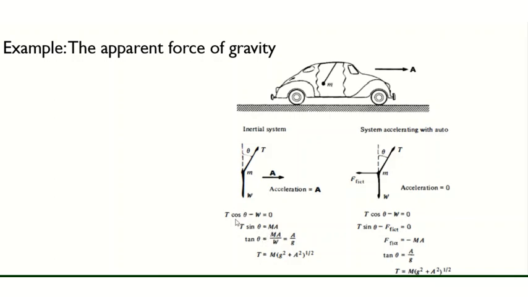So we got two equations, T cos theta is equal to mg, T sin theta is equal to ma. If we divide equation 2 by equation 1, it gives tan theta is equal to ma by W, or a by g.